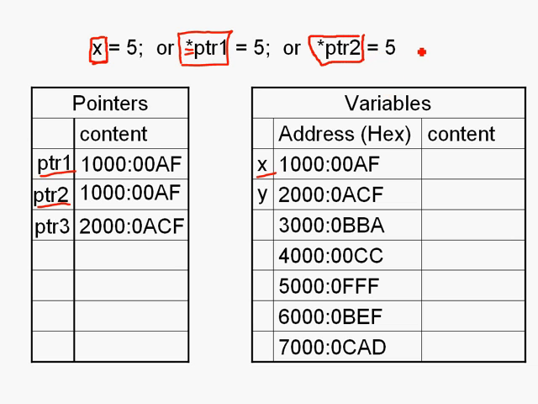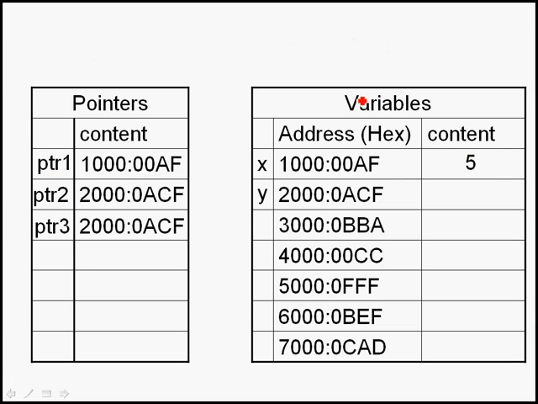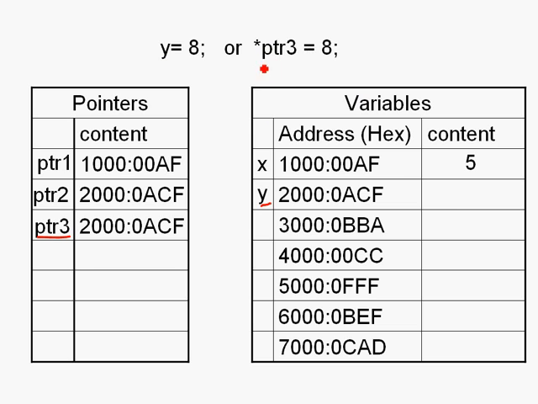They all give the same result, which is giving the variable x the number 5. I'll do the same thing with y. I want to put 8 in y here. Because we have just one pointer to y, I can use star ptr3 or y. It's the same variable.